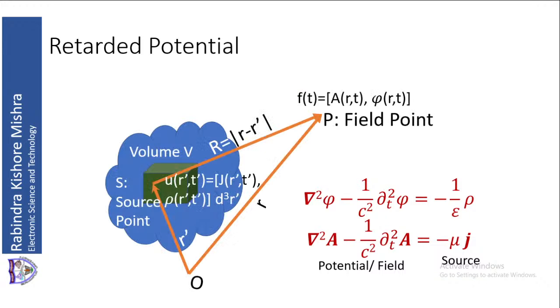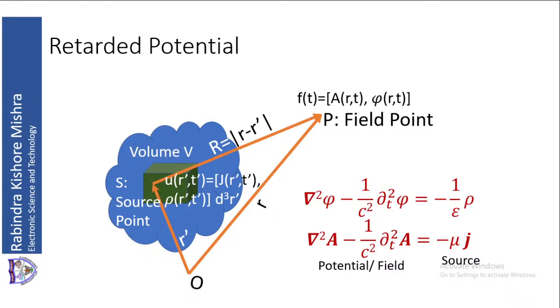Now assume that in free space there is an infinitesimally small volume V which contains the source. The source can be the current source or the charge or both of them. The position vector of this volume, or the center of this volume, is R dash.